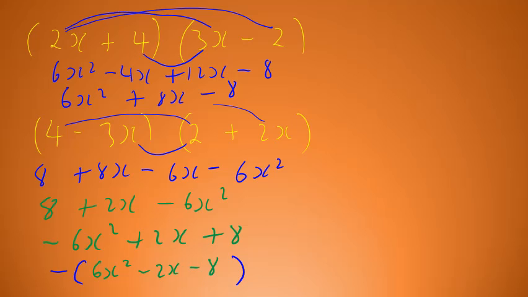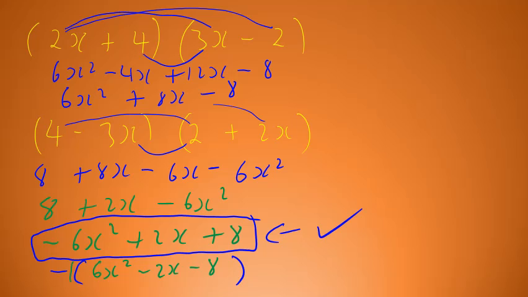If you multiply that bracket out, you'll get the expression here. But that's just a bit of showing off. That answer is fine. You don't need to do anything more than that.